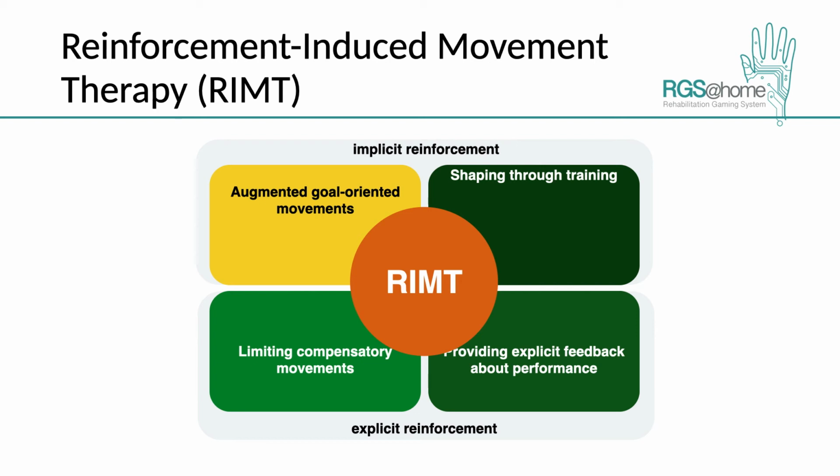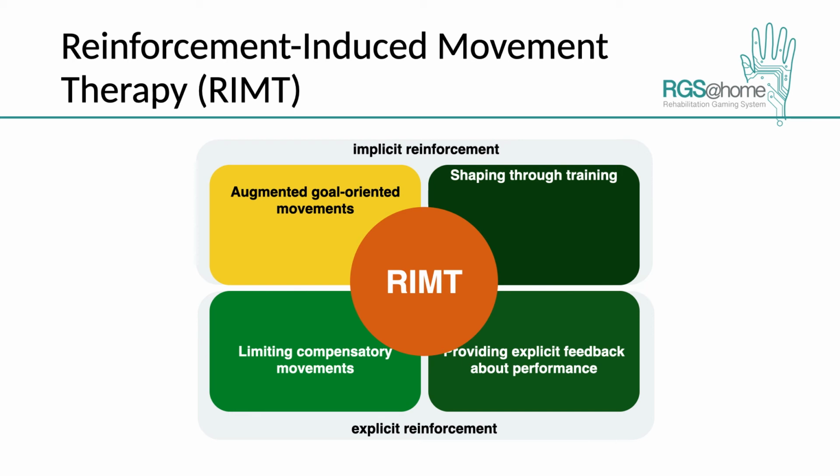So regarding the implicit reinforcement, we augment goal-oriented movements in order to reduce implicit error. And we also introduce shaping through training, so we adapt the challenge of the training to the patient's capabilities. We progressively adapt it. Regarding the explicit reinforcement, we limit compensatory movements.